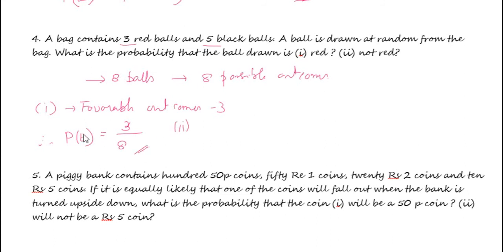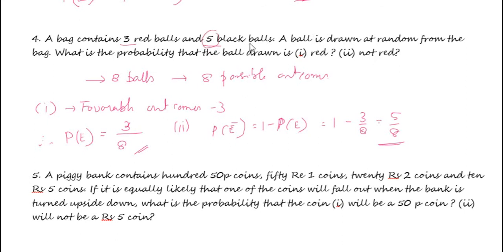Now second one, not red. Not red, you know, P(E dash) is 1 minus P(E). Just now we talked about this one. So it is 1 minus 3 by 8 equal to 5 by 8. This is one way of finding it out. The other way is not red means it has to be black.